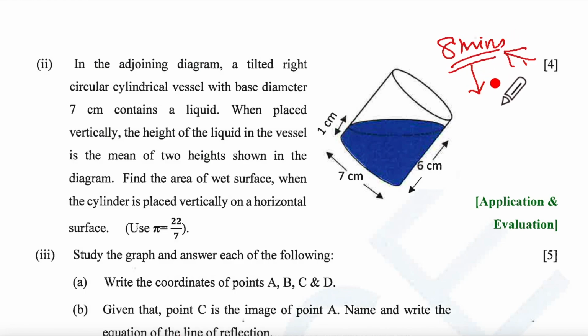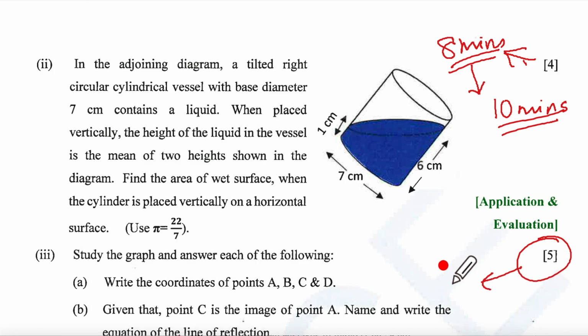Okay, but even if, let us say, you take 10 minutes, that's okay, because the next question is for 5 mark. This 5 mark question, you probably finish in about 3 to 4 or even 5 minutes. So this has allotment of 10 minutes, but you can finish this early enough.